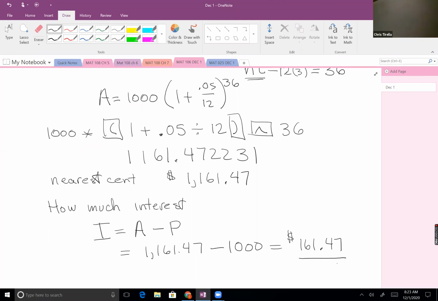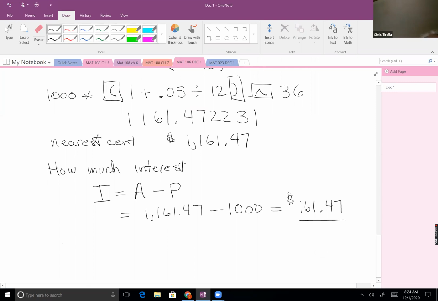Now, if we compare that to what we got last class, with the same dollar amount and interest rate and time, when it was compounded annually, we earned $157.63.